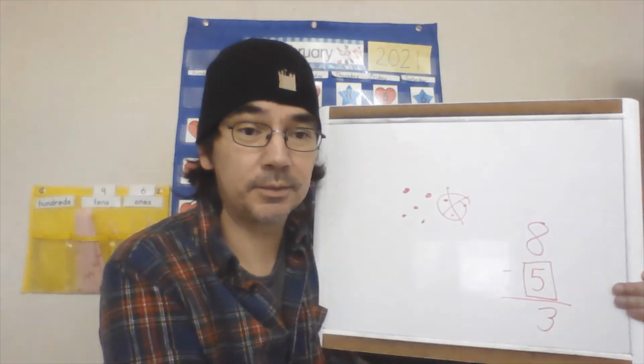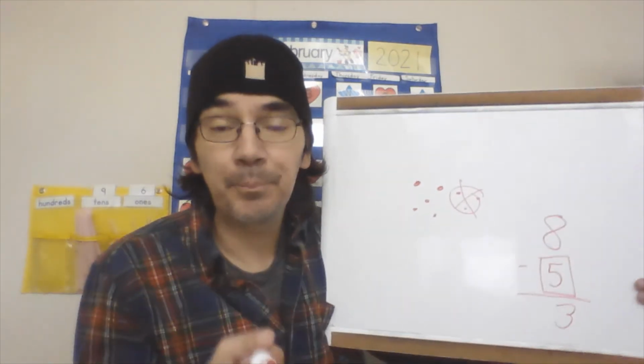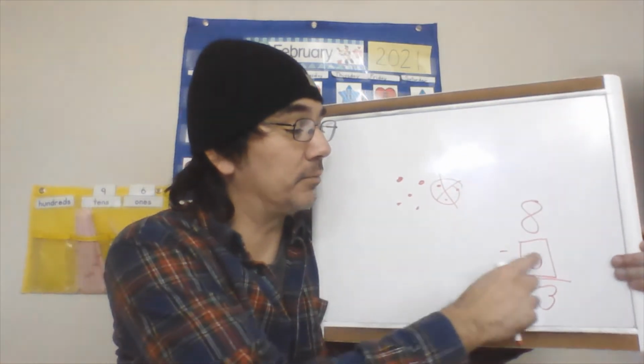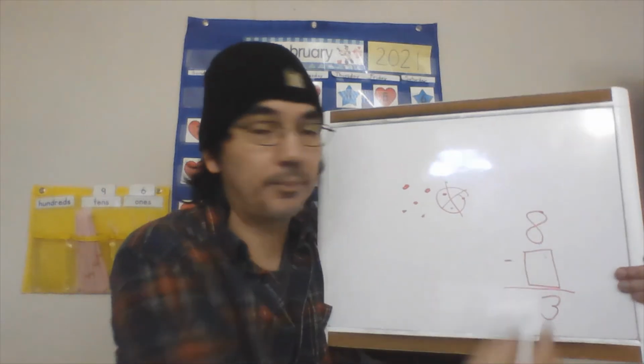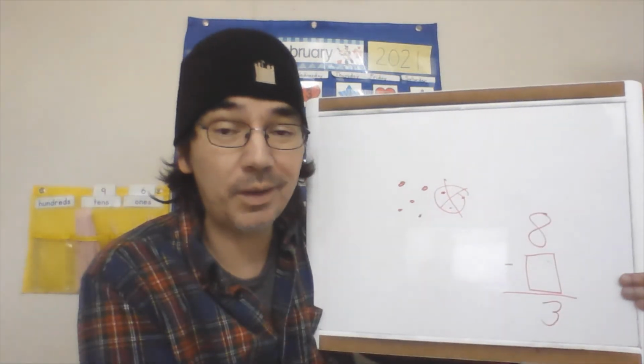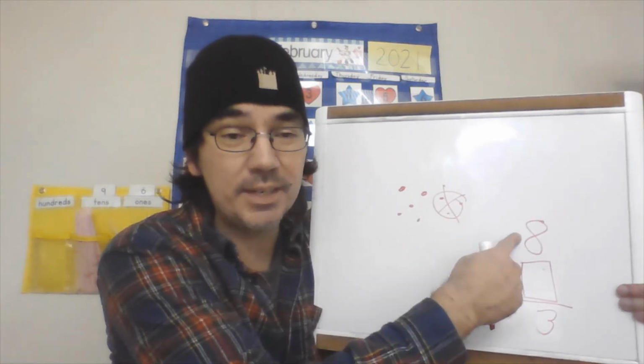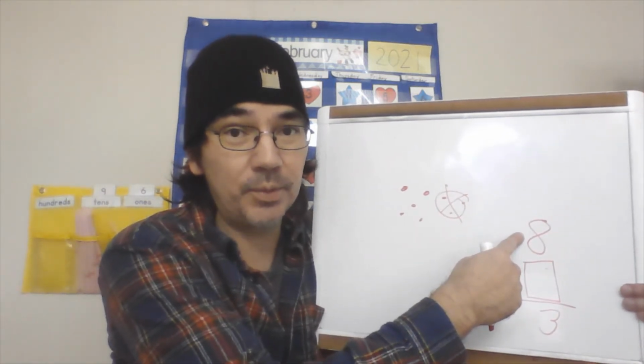Look at that. Now, another way that you could figure this out is you could count on. You could start at 3, count on until you reach 8, and that will give you the answer also. Let's take a look. We're going to start at 3, count on to 8. So we're starting here.